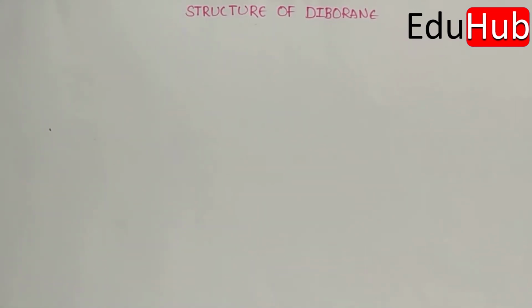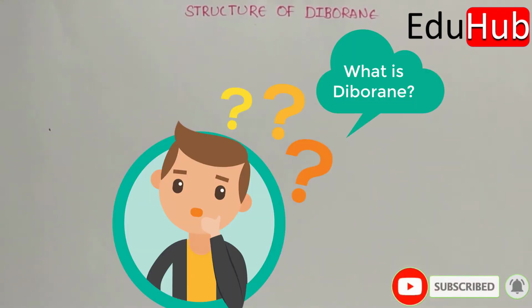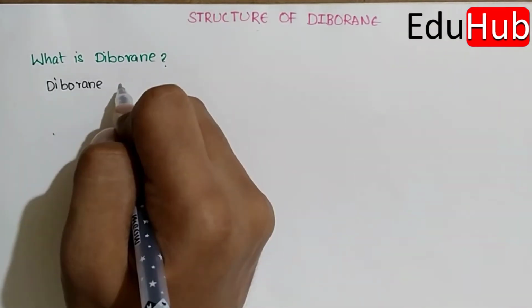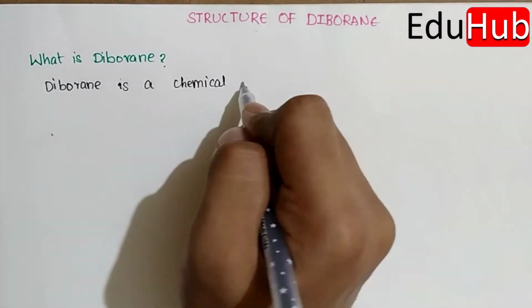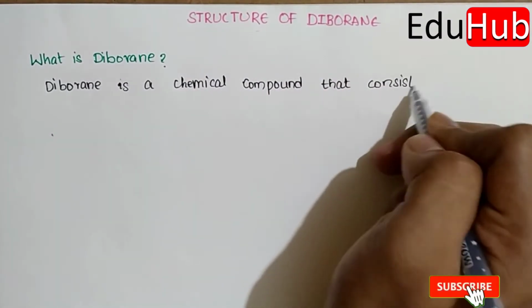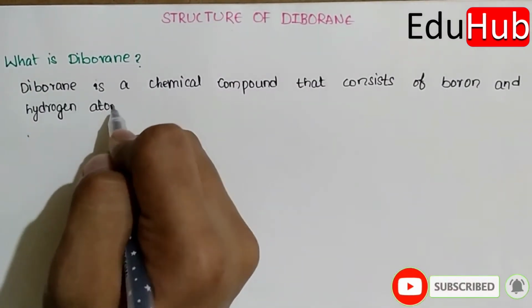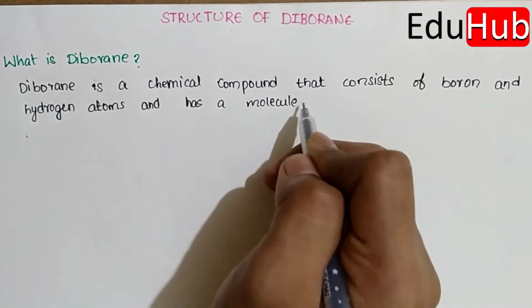Before going to the structure of diborane, let us see the introduction of diborane. What is diborane? Diborane is a chemical compound that consists of boron and hydrogen atoms and has a molecular formula B2H6.